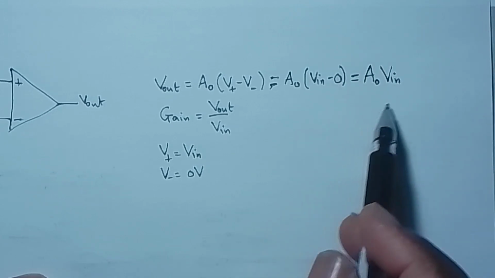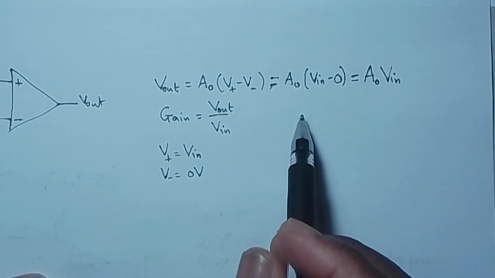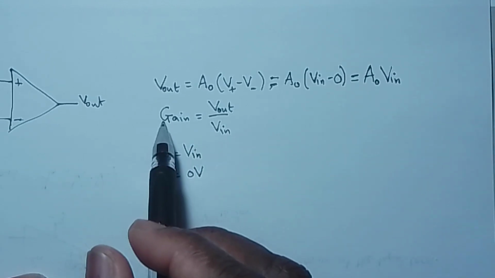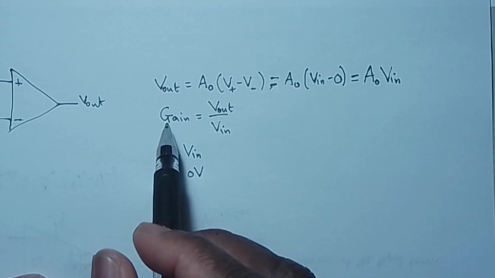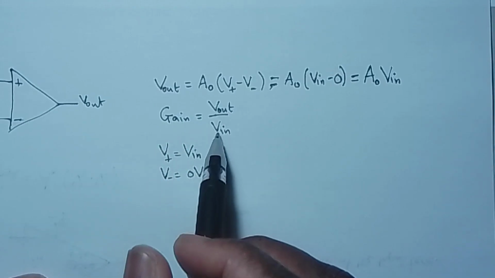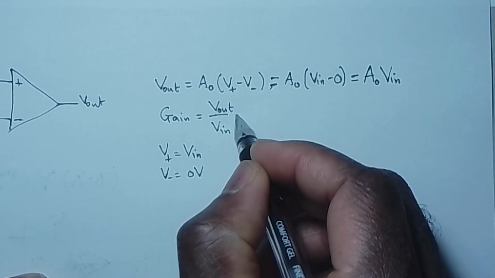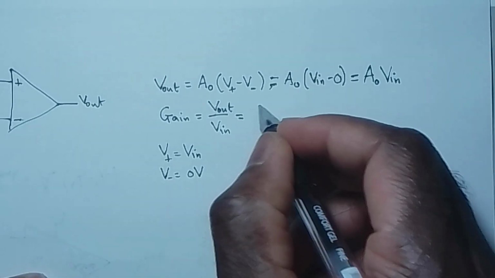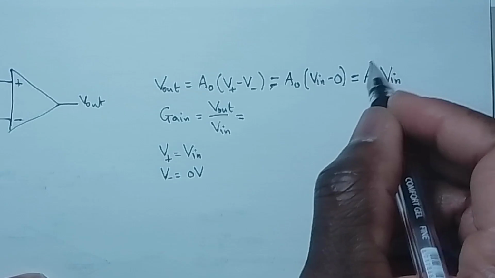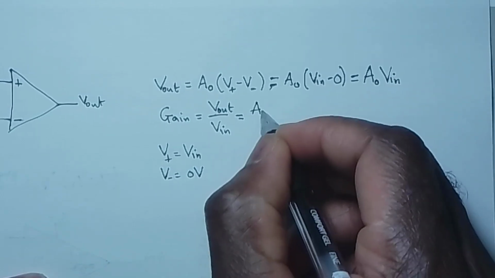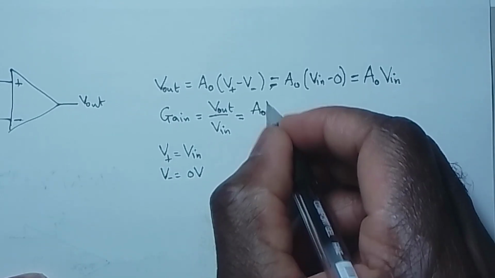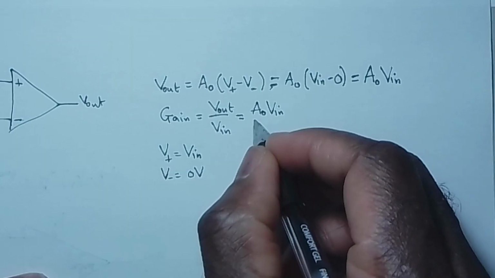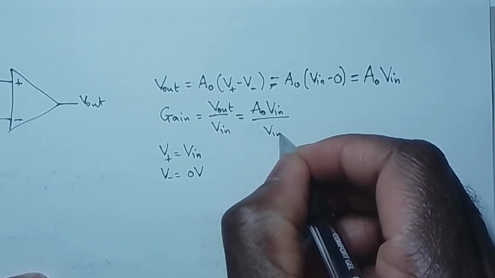Since we have the V out, we can now calculate the gain, which is V out over the V in. So the gain is equal to the open loop gain V in over V in.